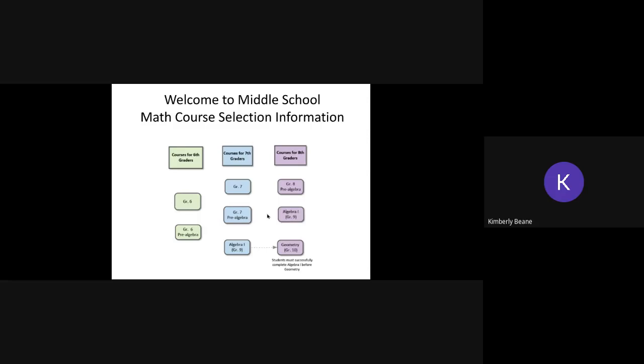And that's probably our most popular path. And then another way that students could go would be to start at grade 6 pre-algebra, then to algebra 1 in 7th grade, and then on to geometry. So those are the main three paths, but what we need to talk about now is what is the difference among each of these courses.